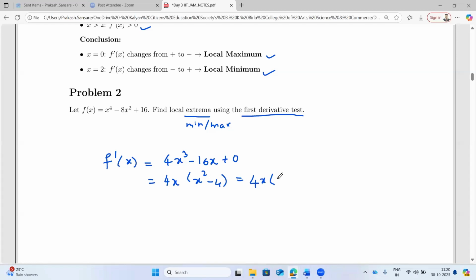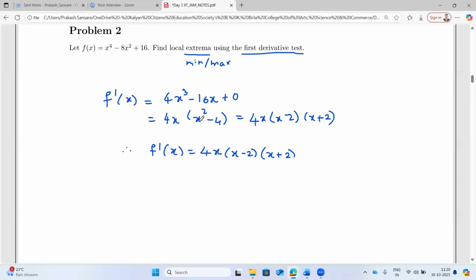X square minus 4 can be written as x minus 2, x plus 2. So your f dash x is basically 4x, x minus 2, x plus 2. To get the critical points, that means when f dash x is equal to 0, critical points we can easily identify.